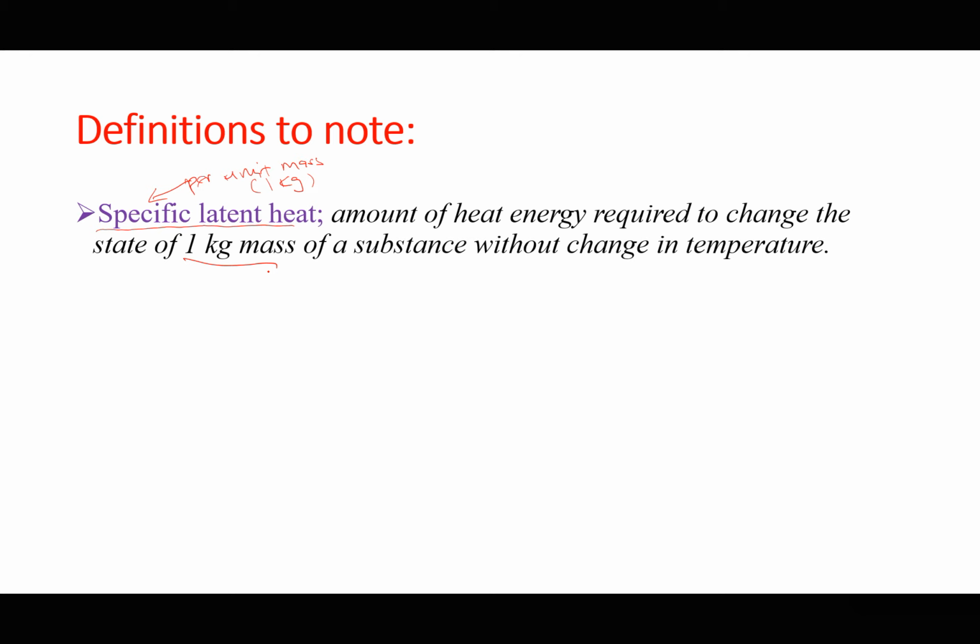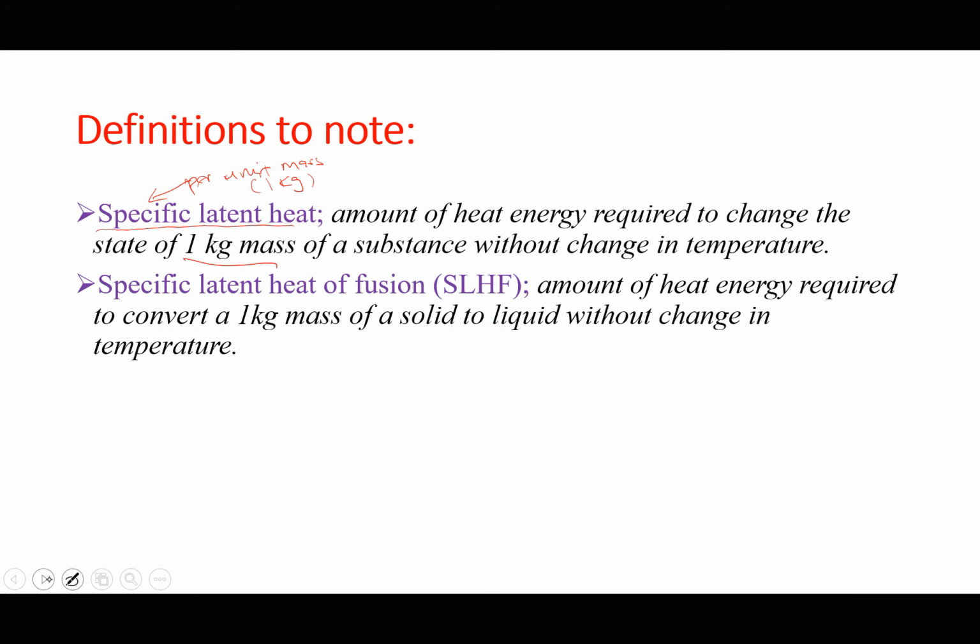If we are changing the substance from a solid to a liquid and the substance has a mass of 1 kilogram, then that amount of heat required to convert 1 kilogram mass of that solid into a liquid without changing temperature is going to be called the specific latent heat of fusion.